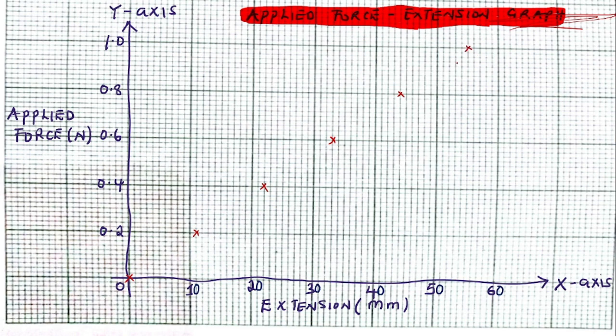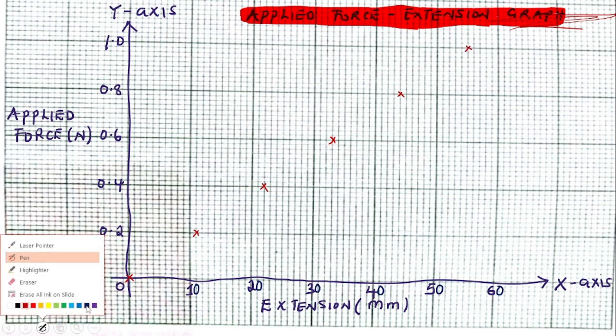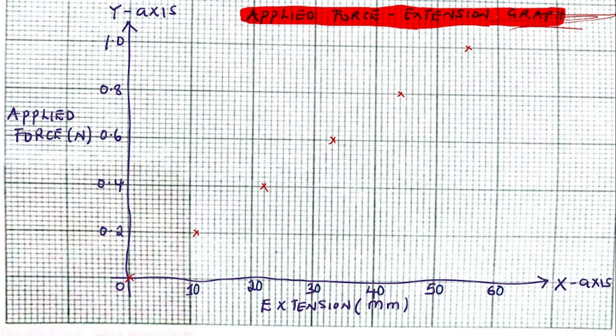That should be there. So once you are done with the plotting, you are going to join this with a smooth straight line, which looks like that.